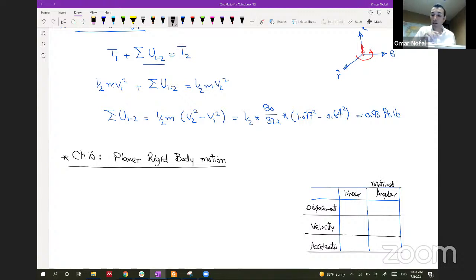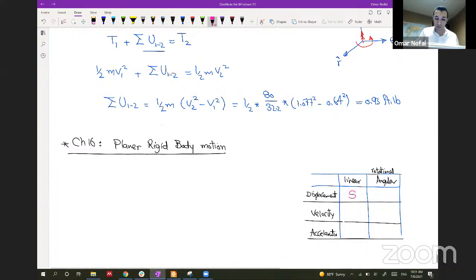Okay, for linear, we have the displacement described by S. So let's assume that when we say linear, we have a body.